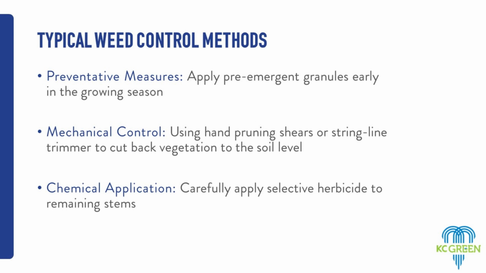So use of that product would probably be in a really extreme application where we're having some serious weed issues. Mechanical control, of course, is another good option, using hand pruning shears or a string line trimmer to cut those plants back at the soil level. And then, of course, chemical application is also another good tool, especially when it comes to some of those perennial weeds.